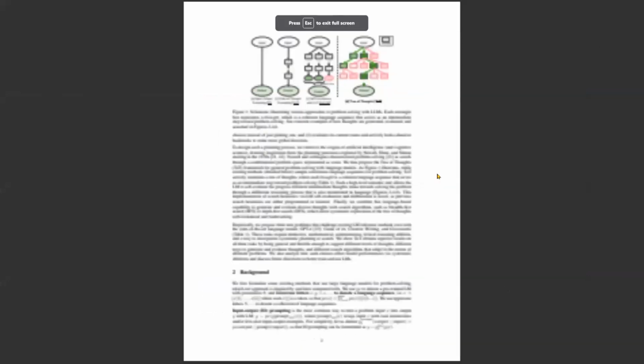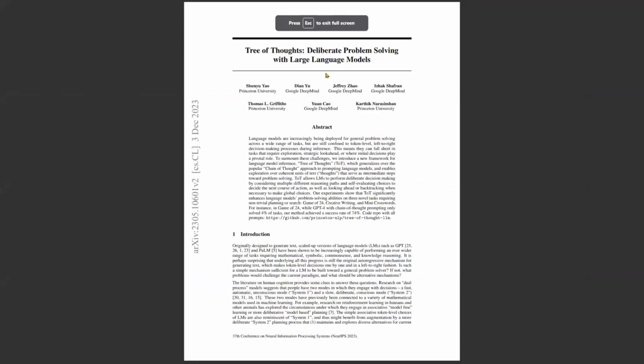But if you look at this paper that was published December of last year, they go into the details about this, and you can see GPT-4 chain of thought was giving 4% success. The tree of thought is much more complicated, much more sophisticated, and you've got to really be on top of it.